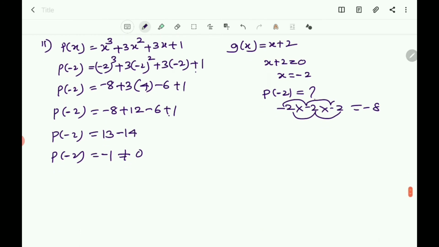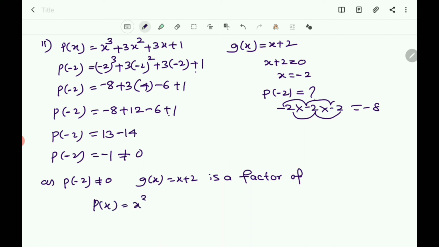So what you can say here, as p of minus 2 is not equals to 0, you can say g of x equals x plus 2 is not a factor of p of x equals x cube plus 3x square plus 3x plus 1.